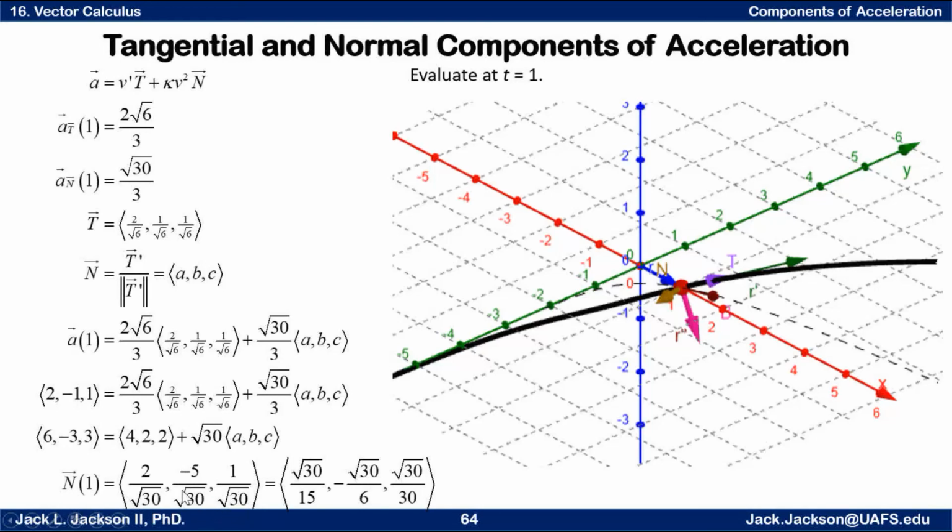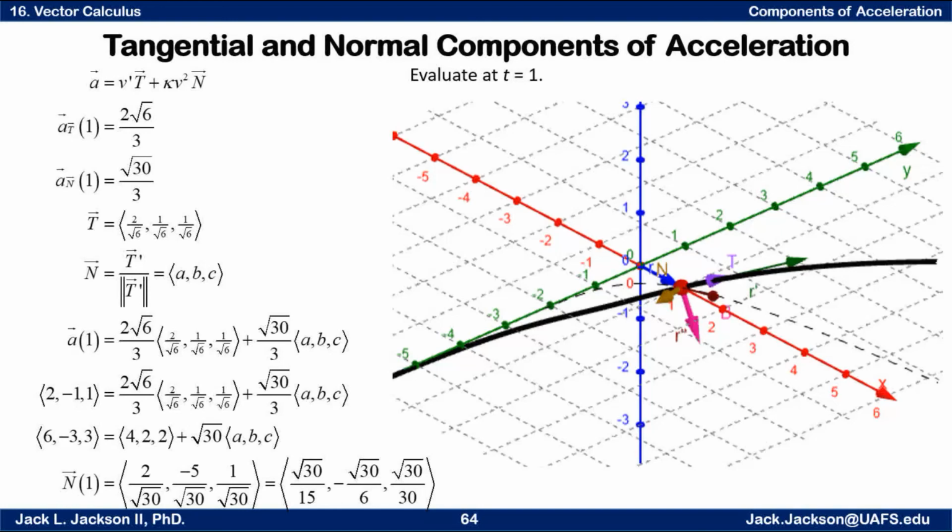That's a good form to put it in, or if I rationalize denominators by multiplying square root of 30 over square root of 30 times each piece, you get it in this form here. So the final version I have there for the unit normal is square root of 30 over 15, comma, negative square root of 30 over 6, comma, square root of 30 over 30.